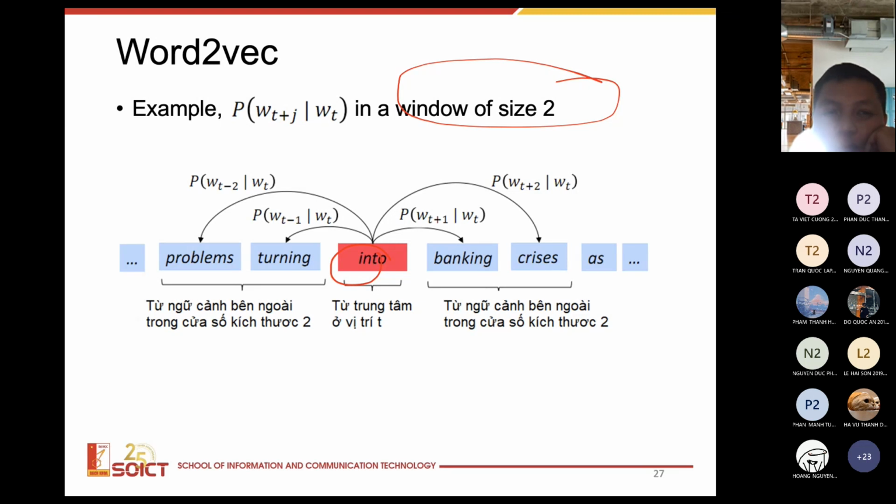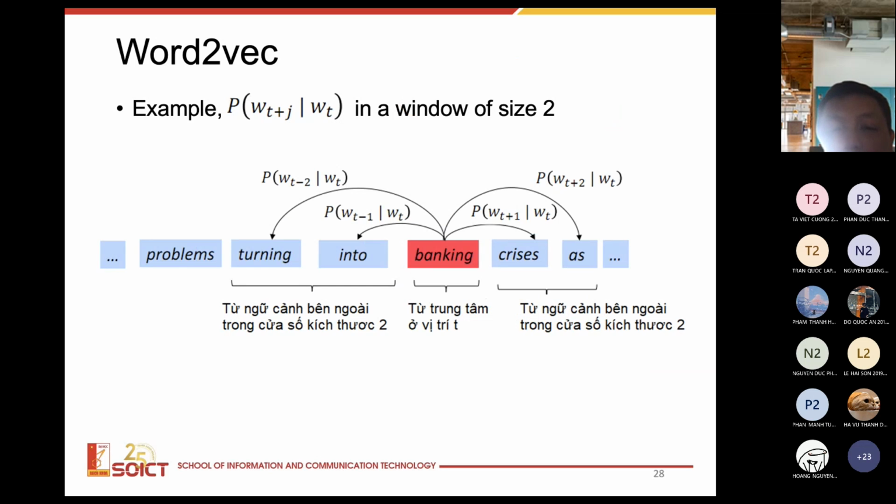Then we want to measure the probability of having w_{t+j} when we know w_t, where w_t is the central word. We measure the probability of each of these surrounding words, and then we move to the next word and measure the probability of having the other words in its context.